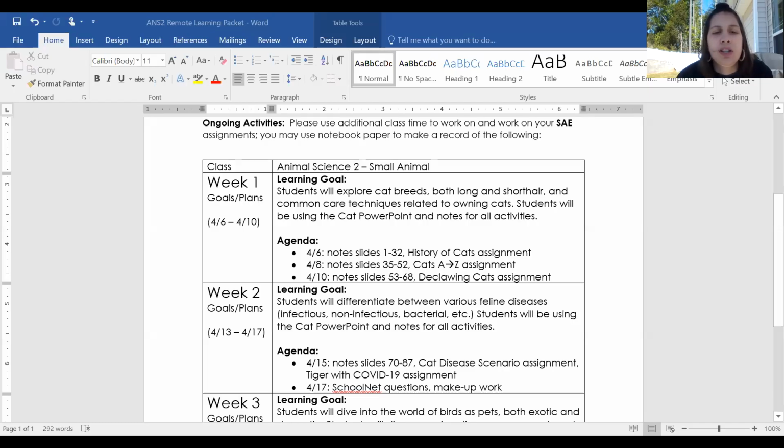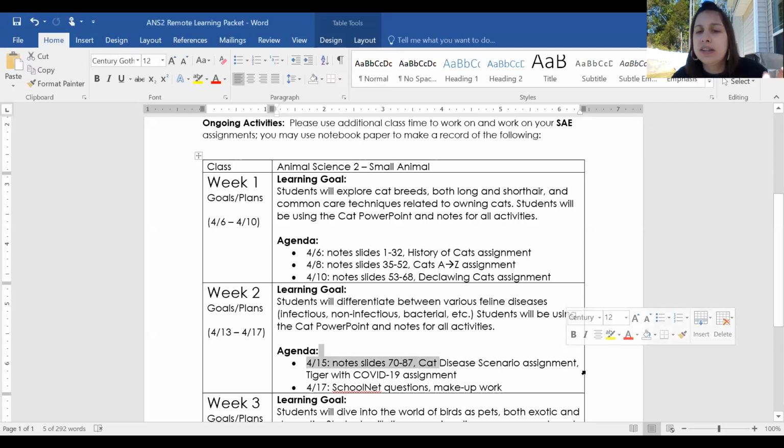But just going through the agenda of what we're going to be doing this week. We've only got class twice. So today we are going to finish up our cat unit. We're going to go over cat diseases: infectious, non-infectious, and parasites, and then y'all are going to have one smaller assignment, like literally 4 questions.